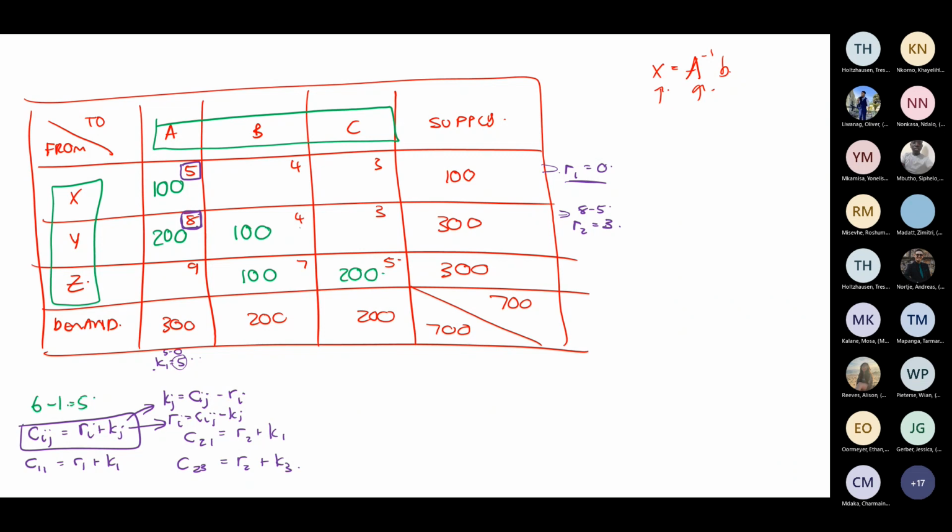And we do it for all the non-empty cells. So we go through the process. For this one, we have R, we have cost, which means we can work out what the column is. So we have the 4 minus the 3 gives us that 1, and that is K2. And then we follow the process again.